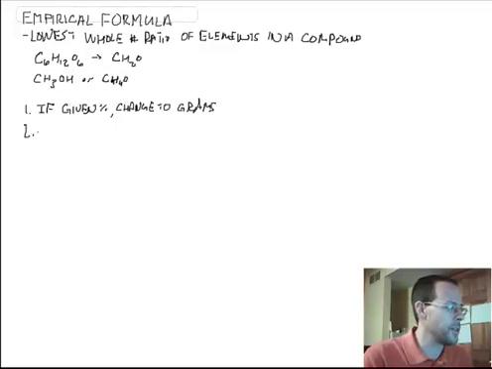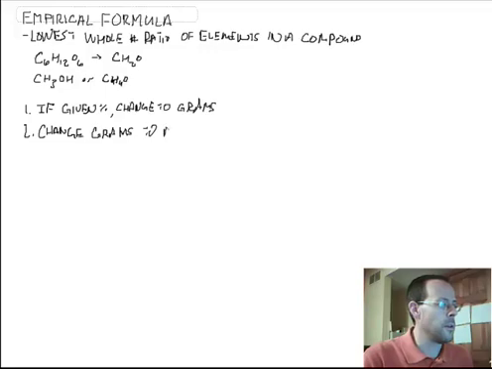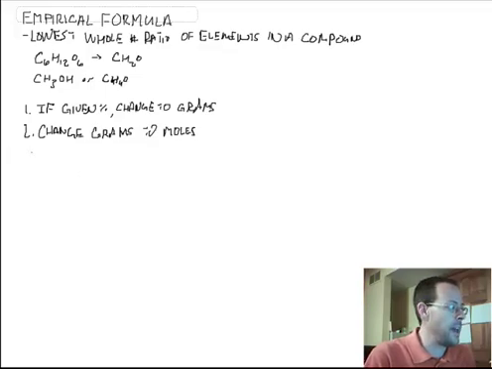The second thing we're going to do is change grams to moles. Alright, we've done that lots and lots of times. We use the periodic table, we just use the molar mass. Next, we're going to divide by the smallest mole amount.